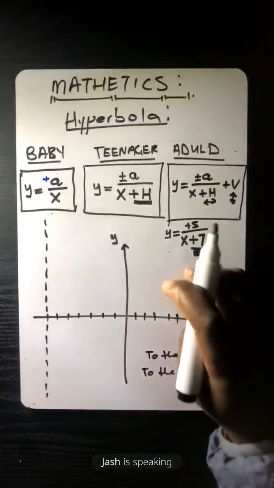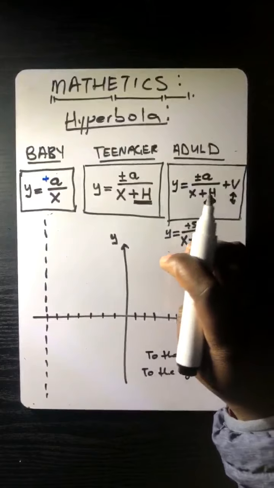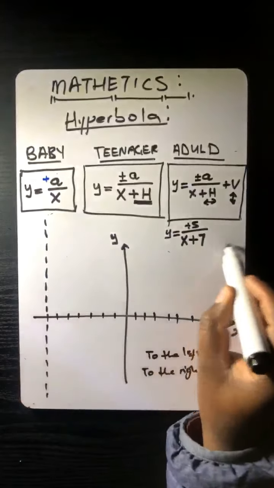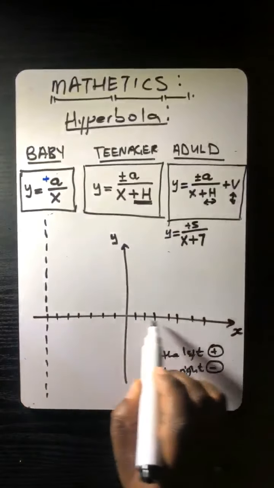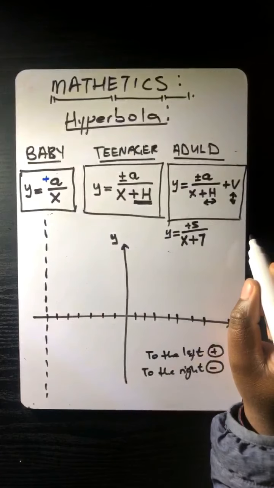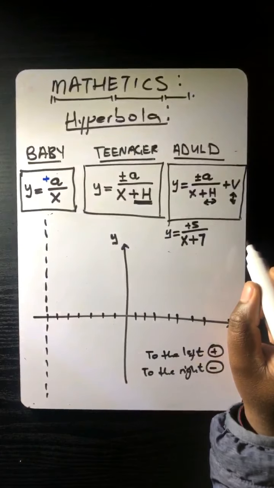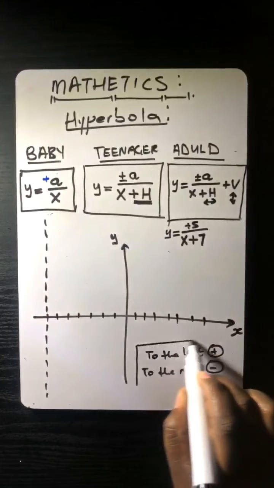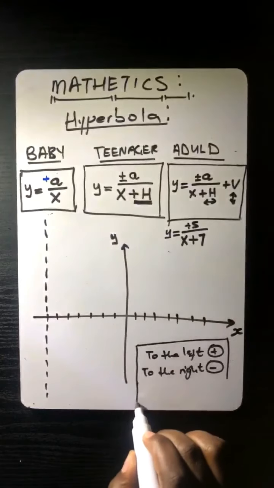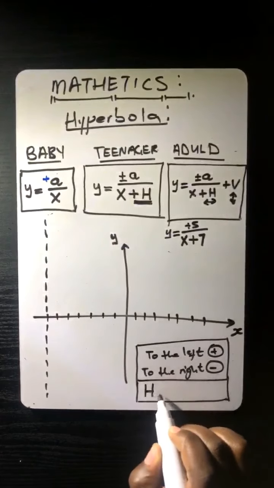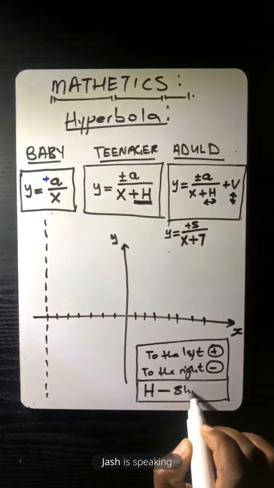So now, let's shift it vertically. You remember that if there's nothing there, then the asymptote is on the x-axis. But now, by how many units would you like it to shift? And do you want it to shift up or down? Down, sir.